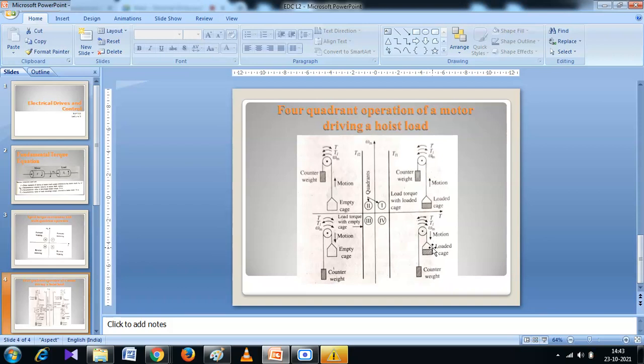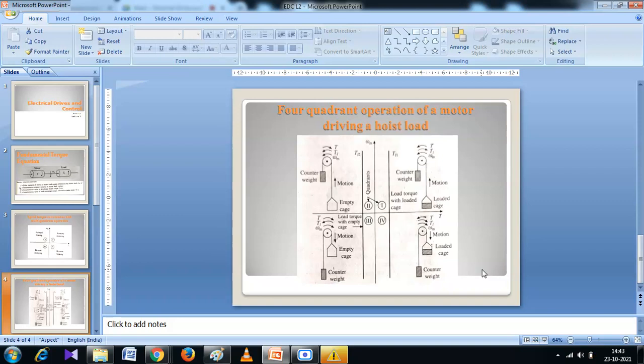Okay, then what will happen? Which has the higher weight when the cage is loaded? Loaded cage, sir.